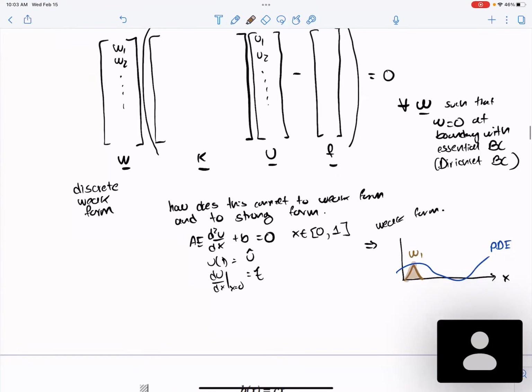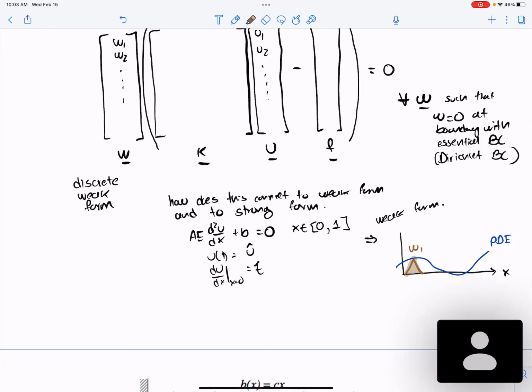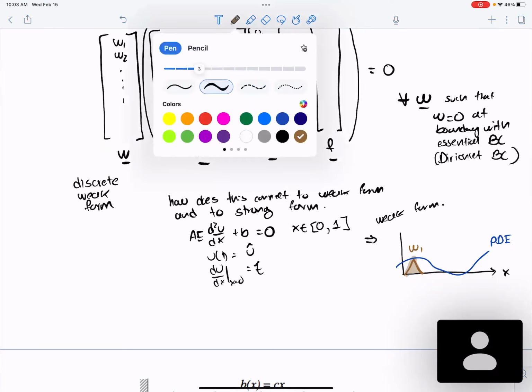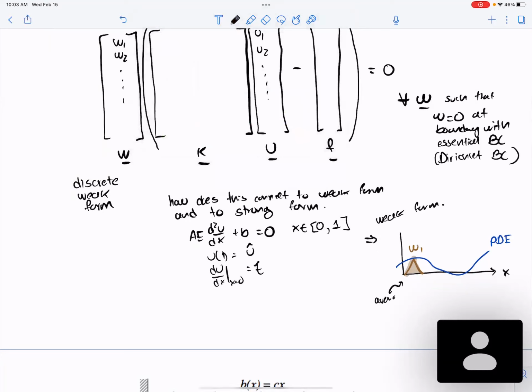When you multiply W1 by the PDE, you're calculating an average error of the PDE over the region specified by W1. That was the meaning behind multiplying by the weight function and integrating: instead of caring about pointwise error, so instead of saying I need this PDE to be 0 everywhere, what I'm saying is, in this little chunk defined by W1, I want my average error to be 0.